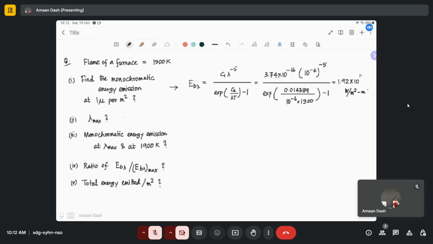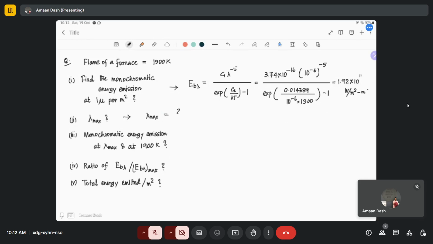Now the second part is to calculate lambda max. For lambda max, you can calculate it from Wien's displacement law. That is, lambda max times T is equal to a constant, 2900.